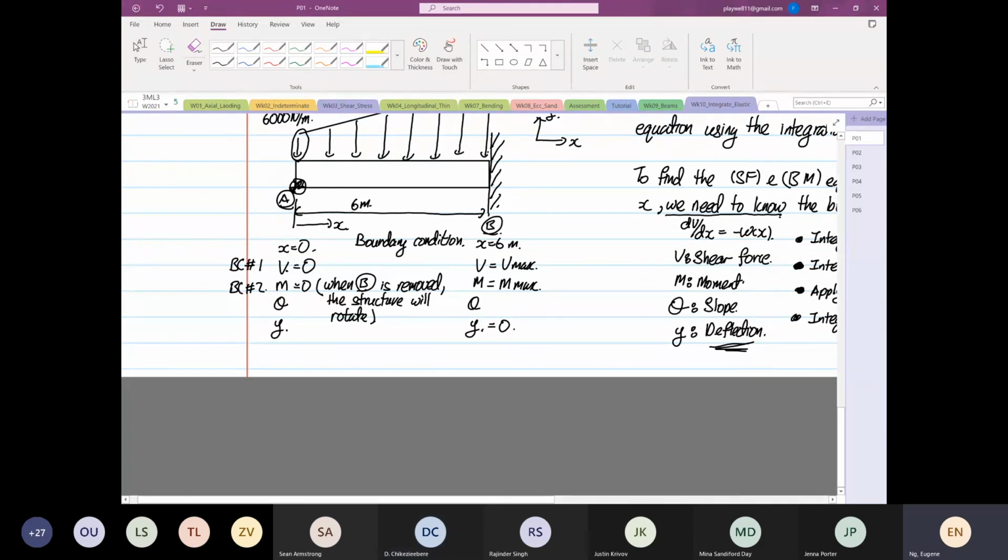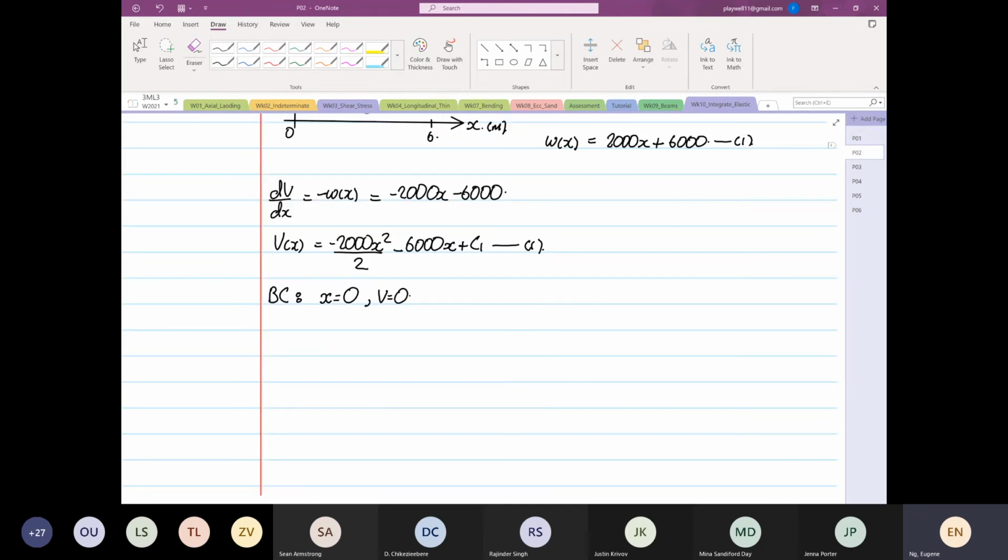When x is equal to 0, v is also equal to 0. So we have used this boundary condition. It's good practice that when you use a boundary condition, you highlight it, because you cannot use the same boundary condition twice. So you highlight it to mean you have used it.